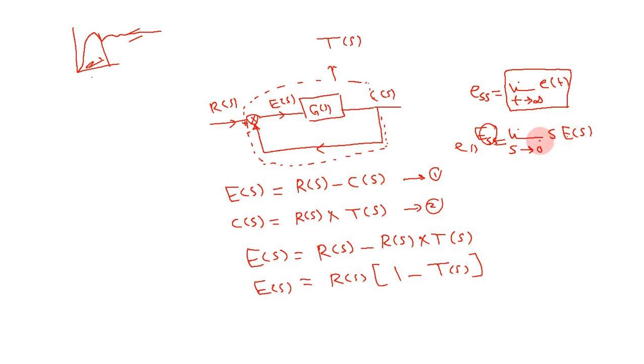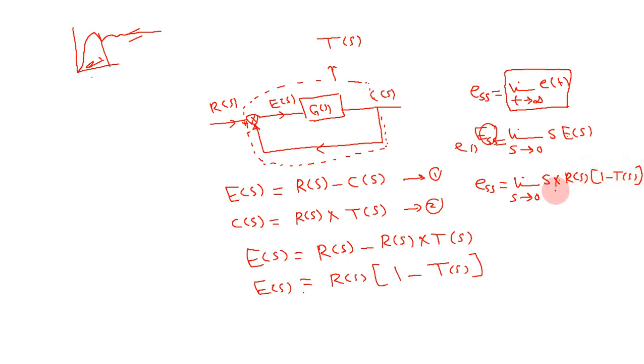So now the steady state error value will be the limit as s goes to 0 of s times E(s). What is the value of E(s)? It is here, so it will be s times R(s) times 1 minus T(s).